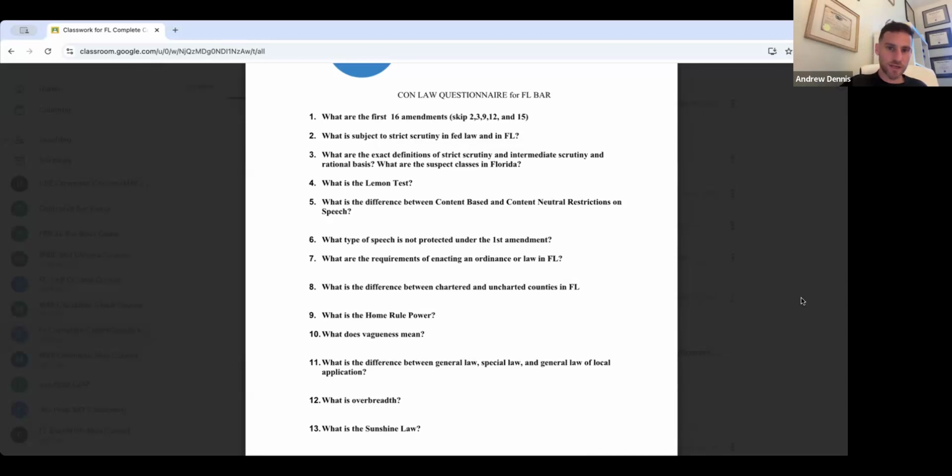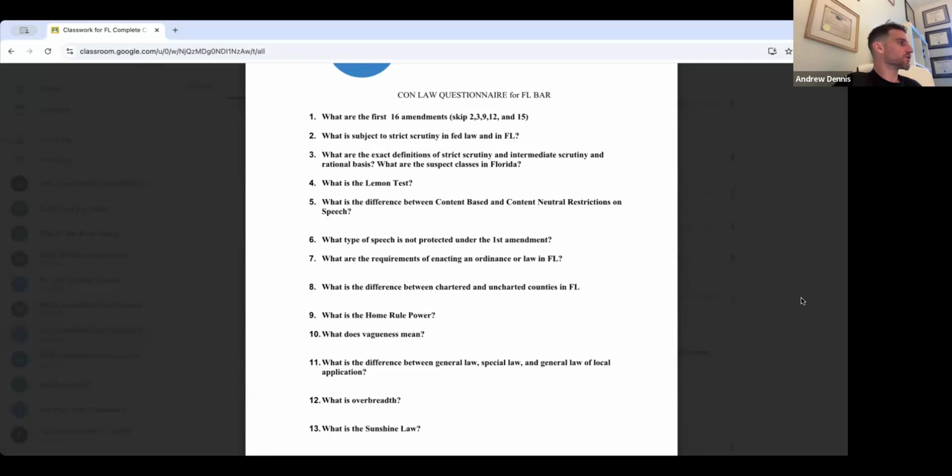So strict scrutiny, intermediate scrutiny, and rational basis. We really need to know these definitions because it's pretty likely you'll have to write about these. Strict scrutiny means that the government has the burden of showing that the law is necessary to achieve a compelling government interest and is narrowly tailored, and there's no alternative way of accomplishing it.